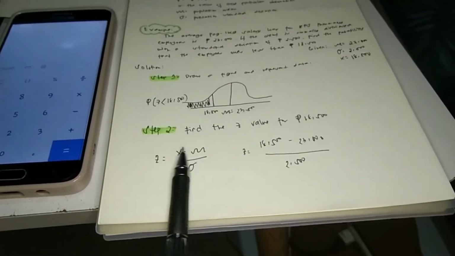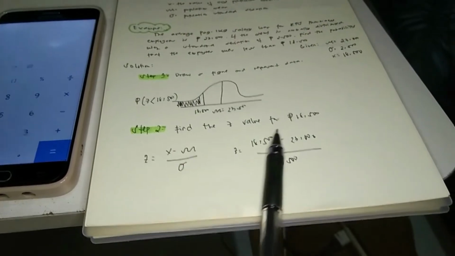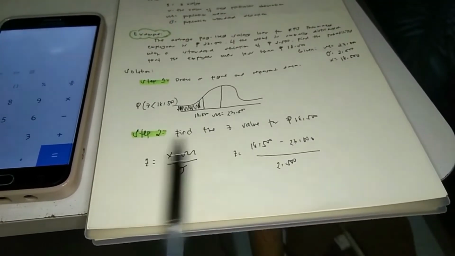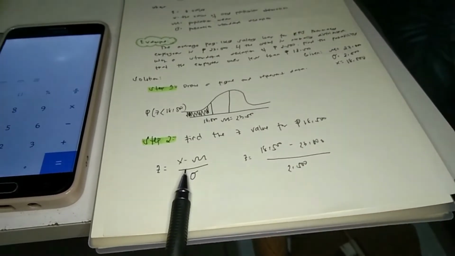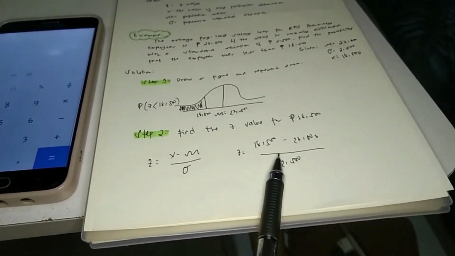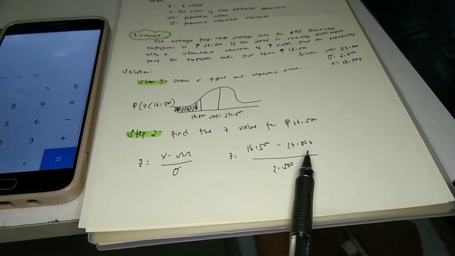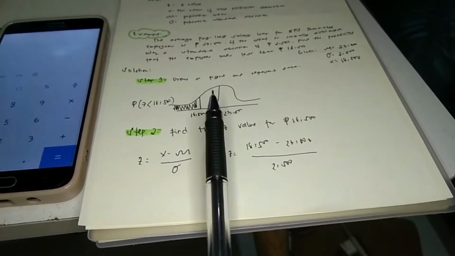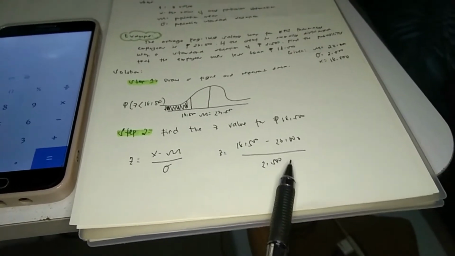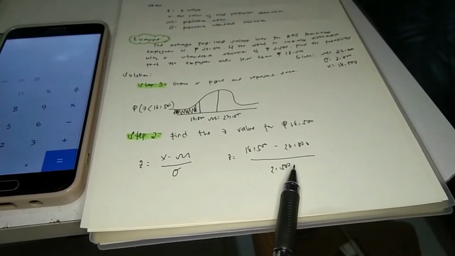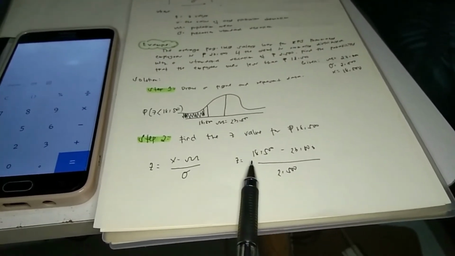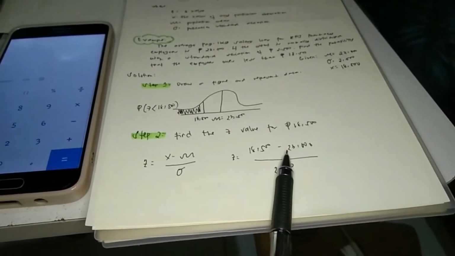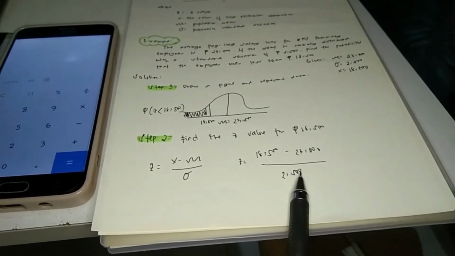Okay. Step 2, find the z value for 18,500. Where z is equals to x or ating 18,500 minus mu or yung 23,000 yung average over sigma or yung standard deviation 2,500. So, 18,500 minus 23,000 divided by 2,500.